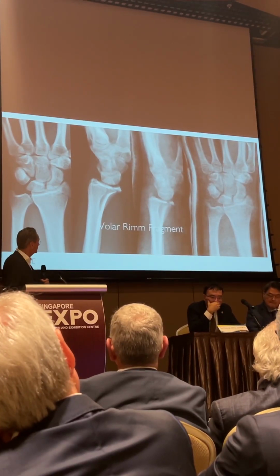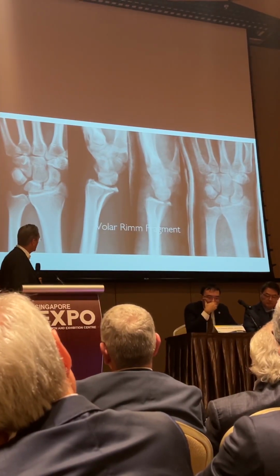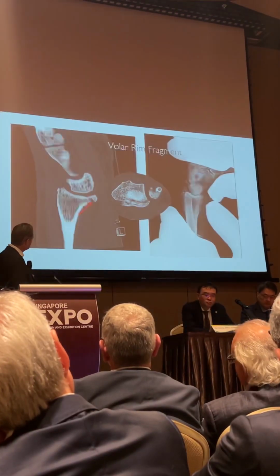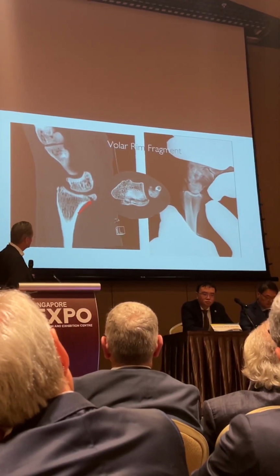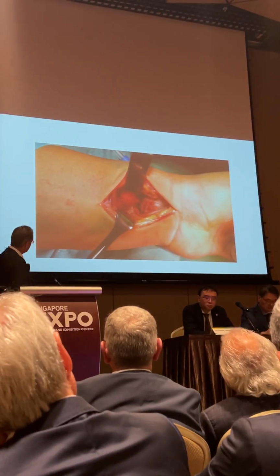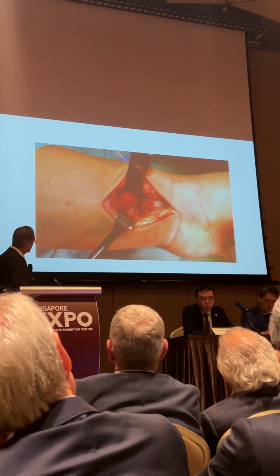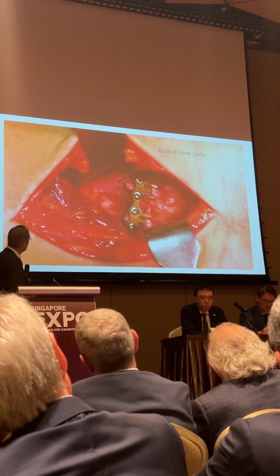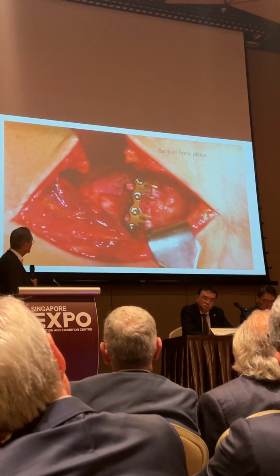Here, the small volar rim fragment, as I said before, are a problem to catch. And you see here the CT scan and the reduction on the right side, and the open reduction with K-wires and with this bank of hook plates.